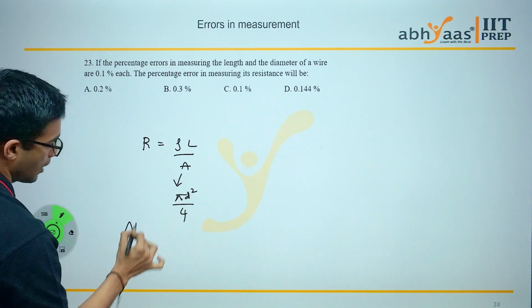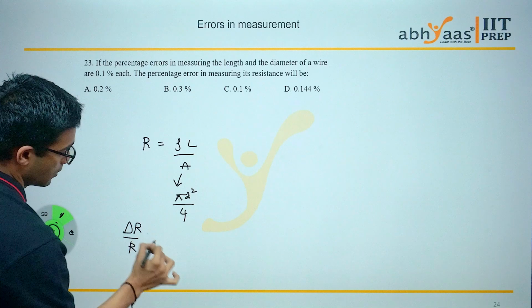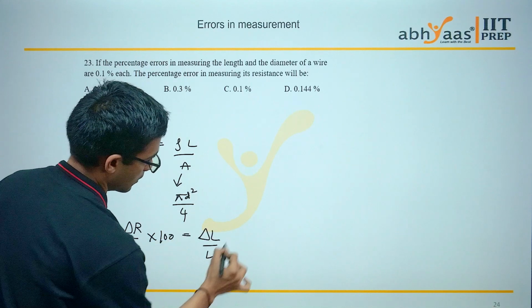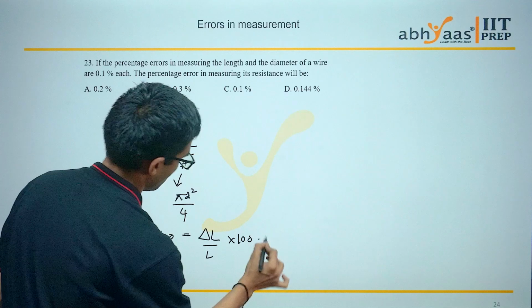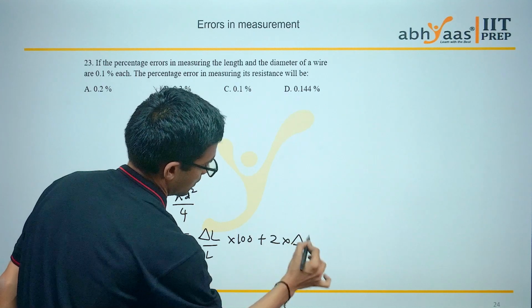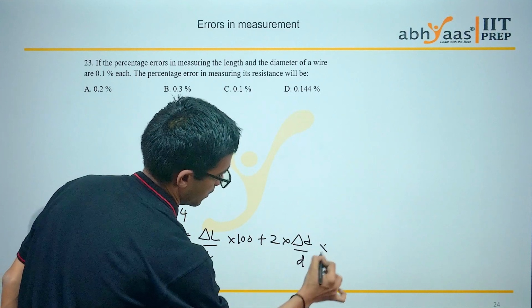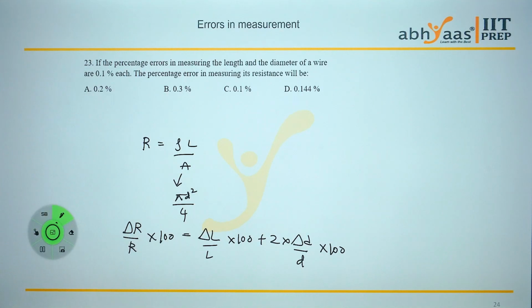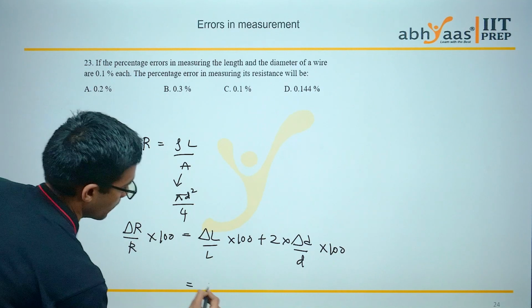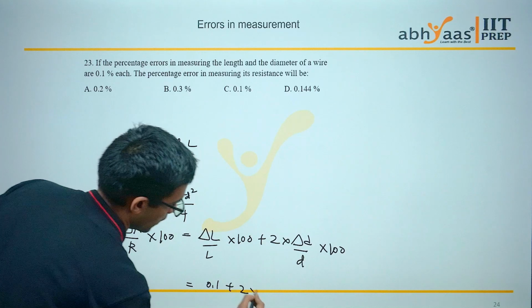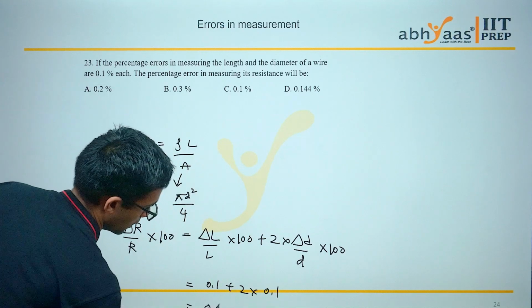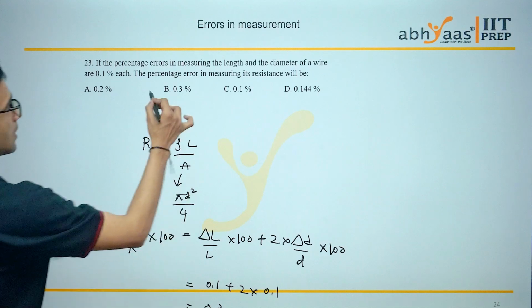So delta R by R into 100 is equal to delta L by L into 100 plus 2 into delta D by D into 100. Here everything is given as 0.1 percentage. Delta L by L is 0.1 plus 2 into 0.1. That means 0.3. That is the answer.